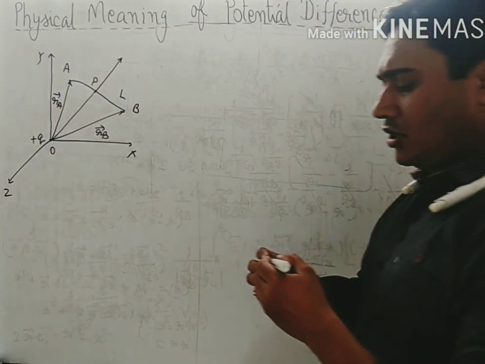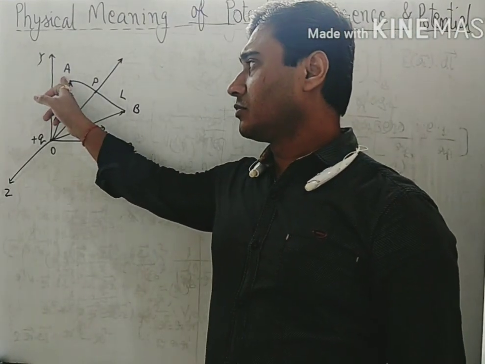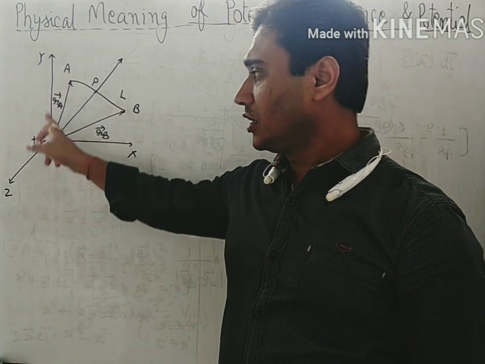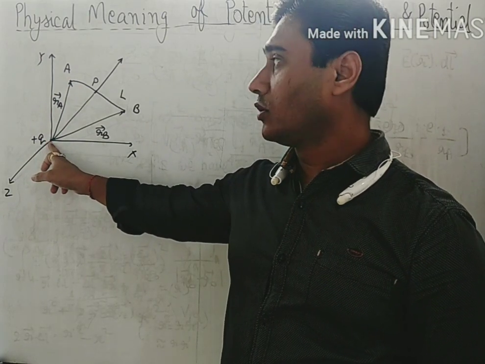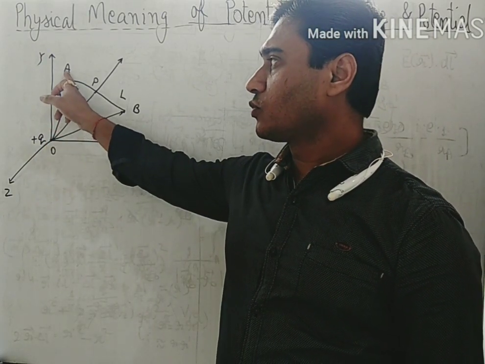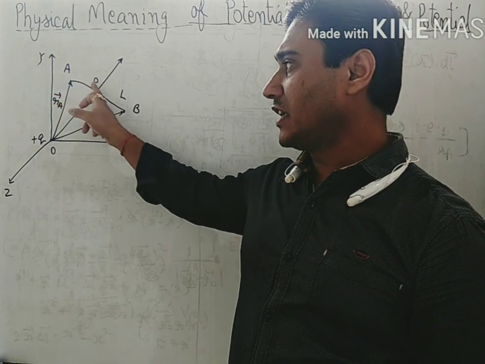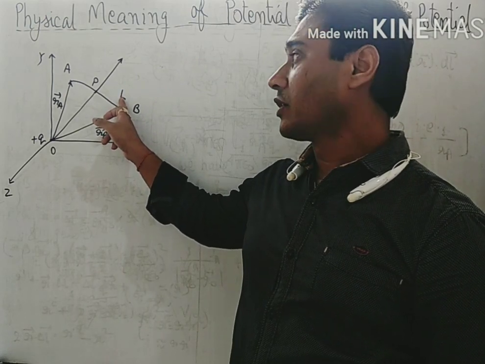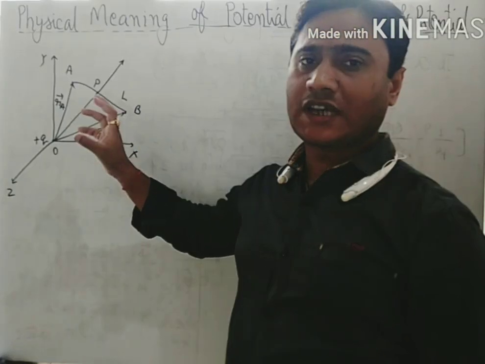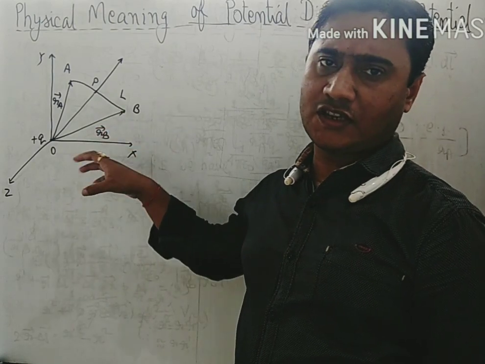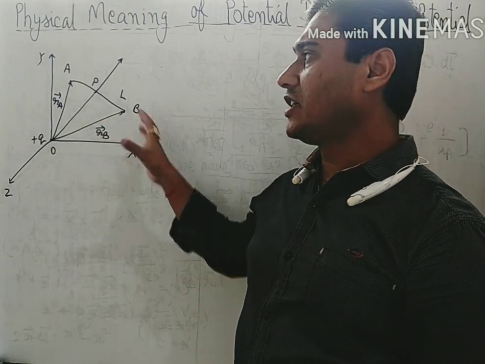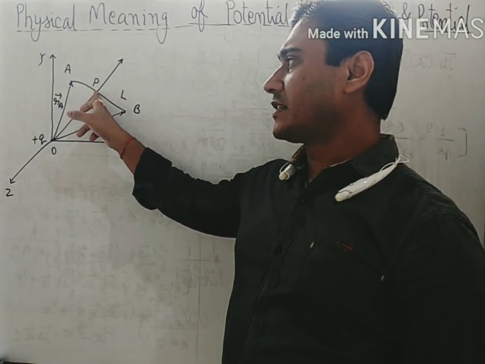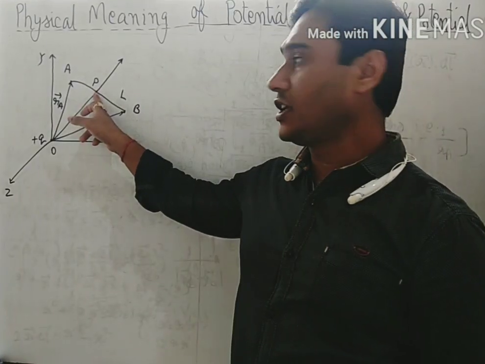So as we know, if we take the test charge as Q naught positioned at A in the electrostatic field of this plus Q, and if we want to move the test charge Q naught from this point A to point B following the path L, what amount of work has to be carried out by the external agency or external source needs to be calculated. So for that, suppose here we place the test charge Q naught at point P.